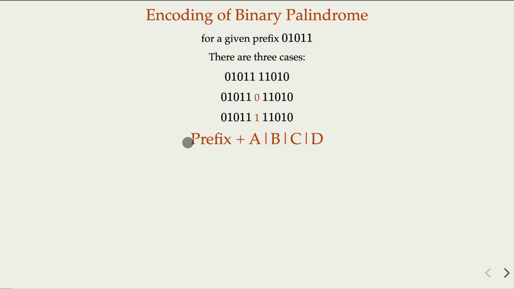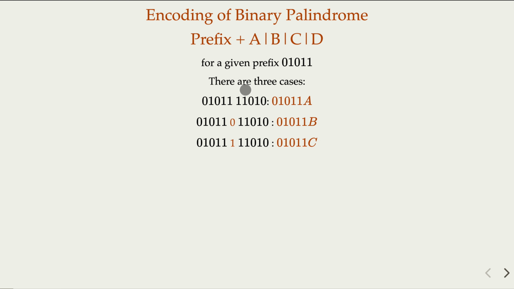I'm going to use the prefix string 0 1 0 1 1, and prepend it with either A, B, C, D. What's the meaning of A, B, C, D? They represent different cases. A represents this case, B the second case, C the third case. What is D? I'm going to explain later.